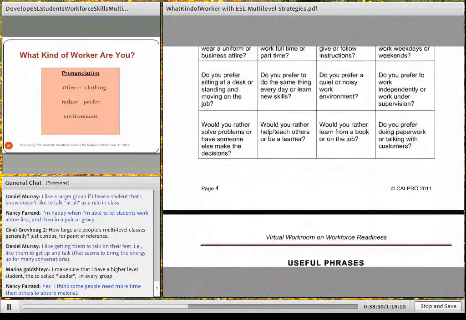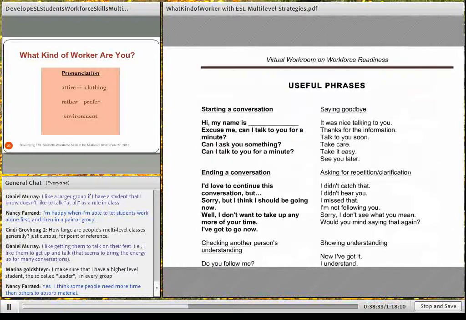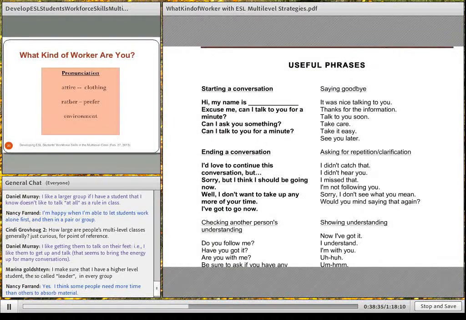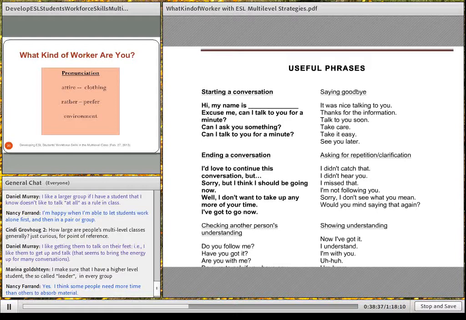Okay, and I'll just go slowly by. And then down here on page 5 are the useful phrases. And I bolded the starting a conversation and ending a conversation because we use these for this lesson.